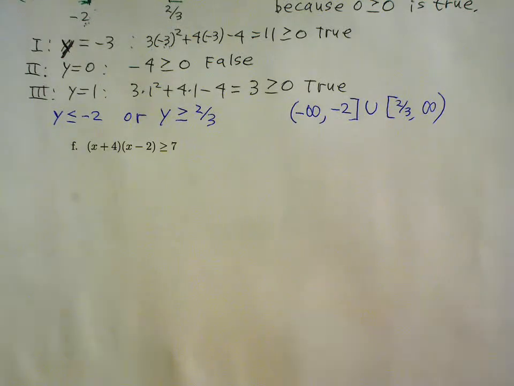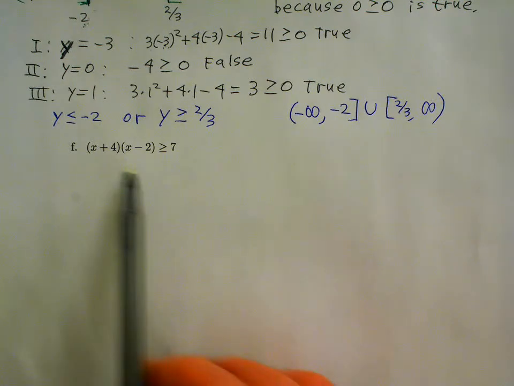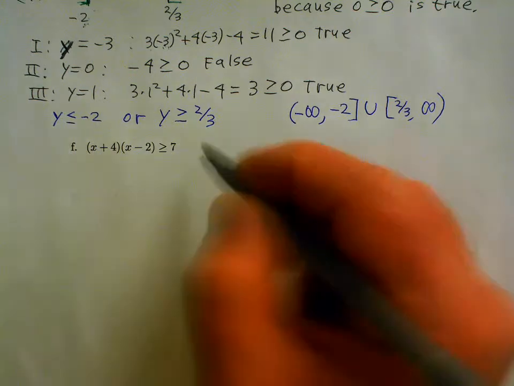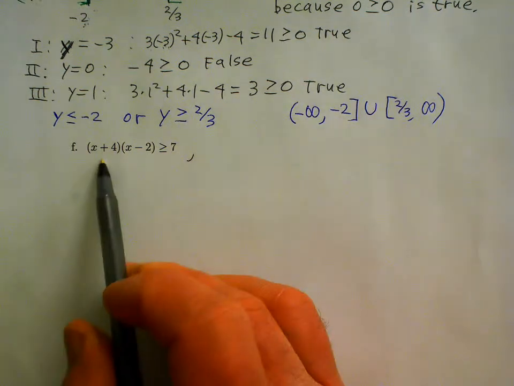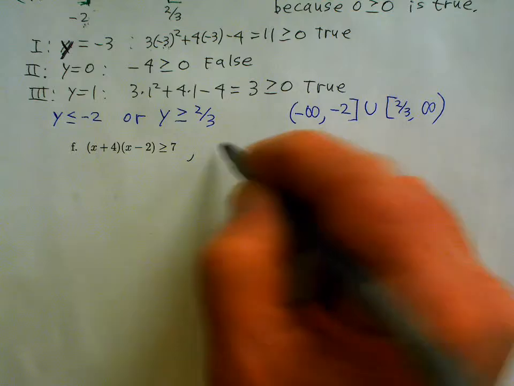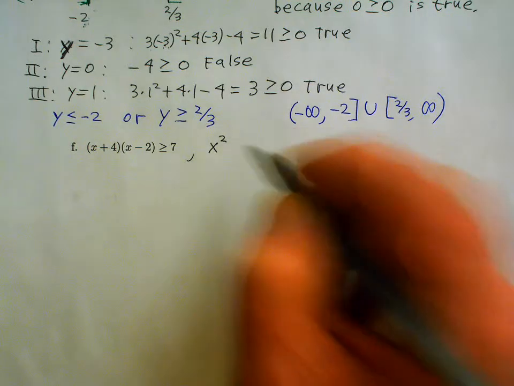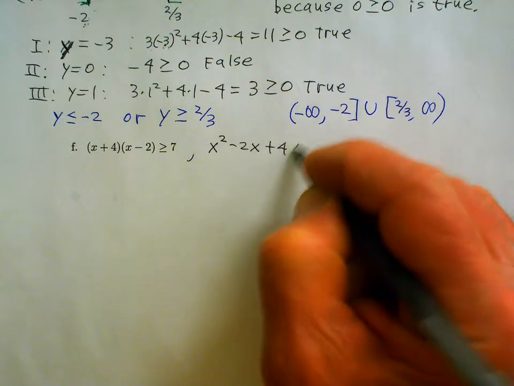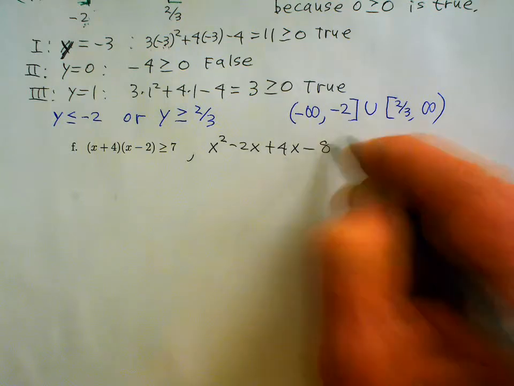Okay, the last one, what do we do on this one? x plus 4 times x minus 2 is greater than or equal to 7. Well, we'll multiply the two factors, and then after that, we'll subtract 7 from both sides. When we multiply x plus 4 times x minus 2, we get x squared minus 2x plus 4x minus 8.